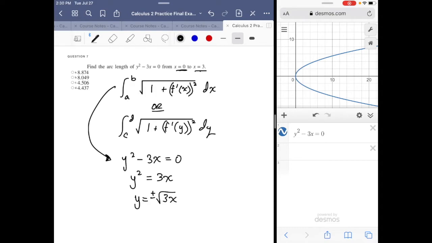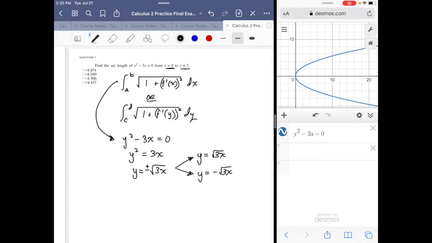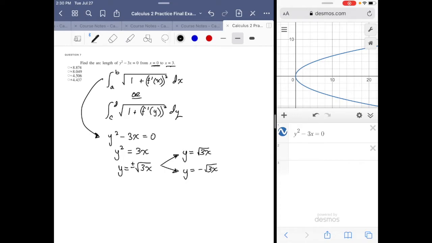If I say positive, that's going to give me one piece. If I say negative, that'll give me the other piece. Fortunately, we have symmetry here, so we can rely on that. So what I'll do is work with just one function. So y equals 3x to the 1/2. That's this one.